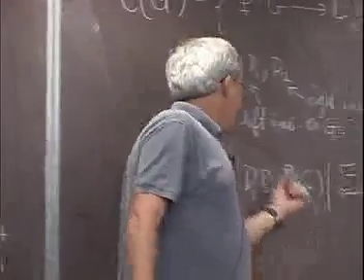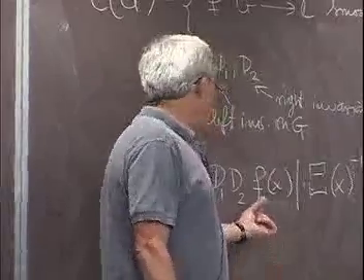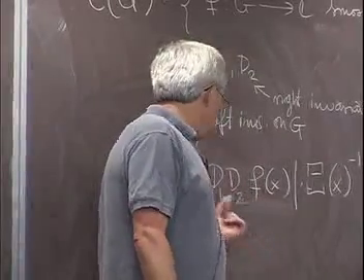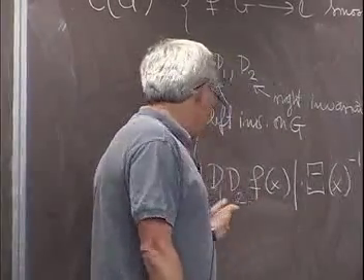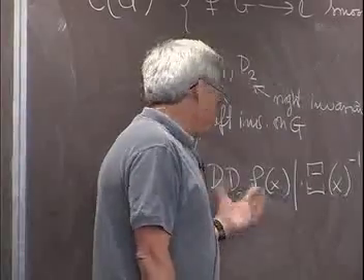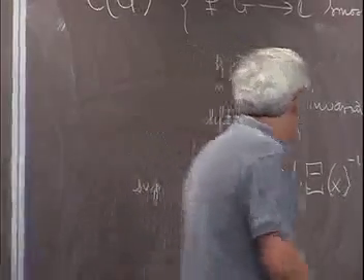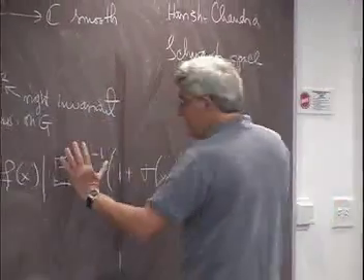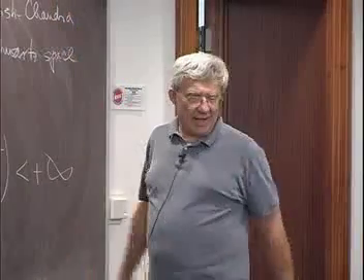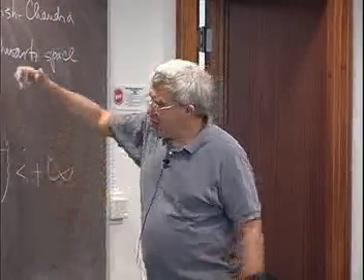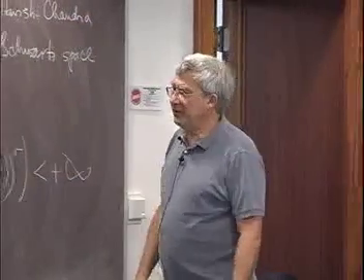This topology is essentially uniform convergence of expressions of this form. Apply differential operators D1 and D2, for any D1 and D2 left and right invariant, and multiply this with this function which grows at infinity, and ask that these products converge uniformly.